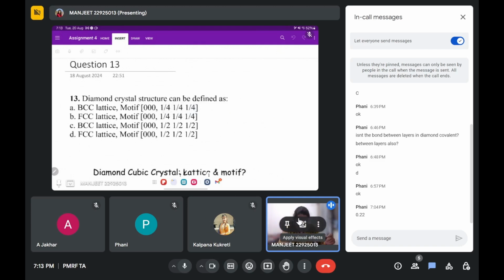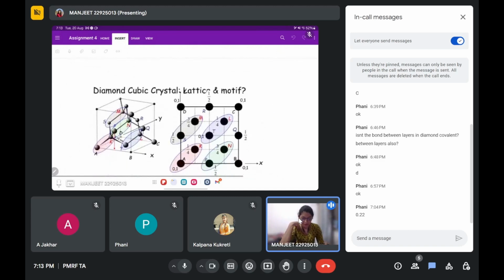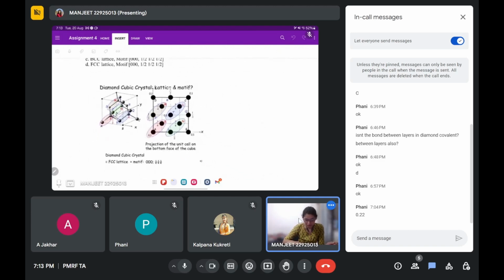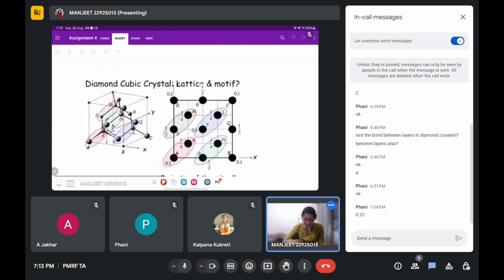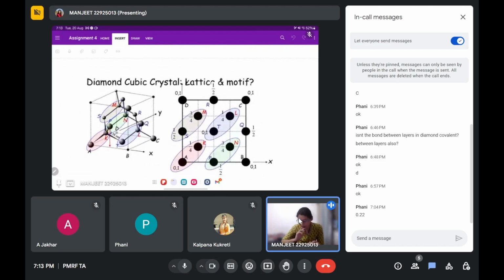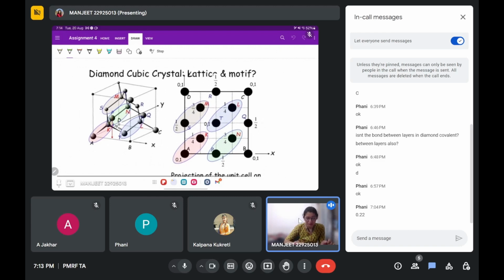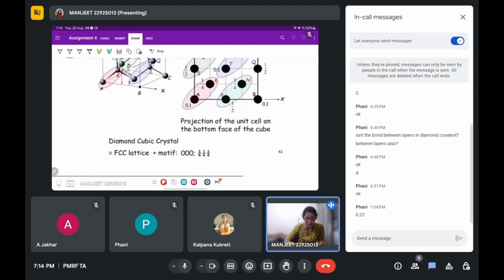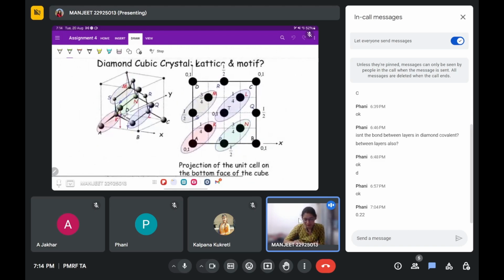So if you see from here, this is the diamond structure, because there are two motifs. Each carbon atom, one is at the corner, same as the cubic one, and the other motif exists at 0, 0, and another one is at the 1 by 4 distance.